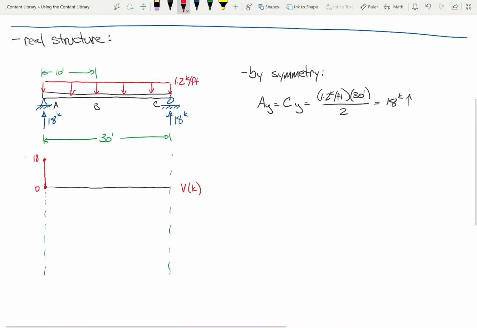Down to minus 18, then back up to 0. Do I need to do any fancy slope calculations to figure out this distance right here? It's right in the middle, right? That's 15 feet.